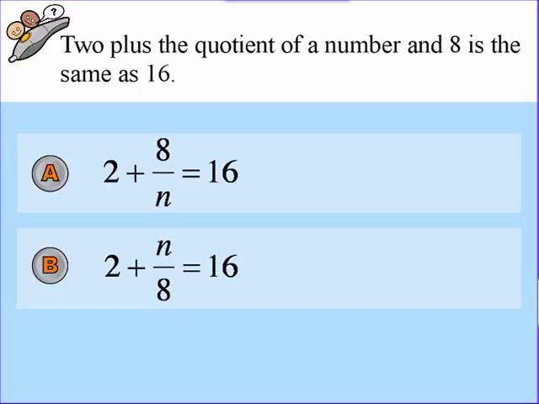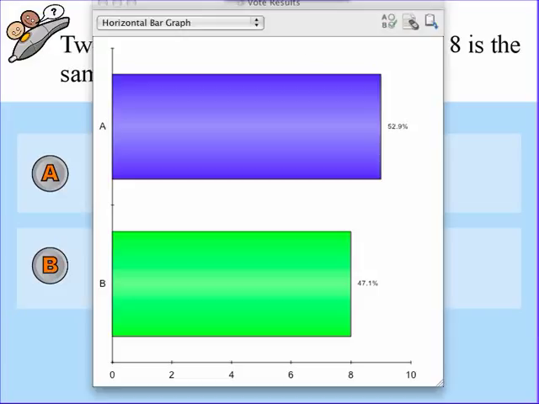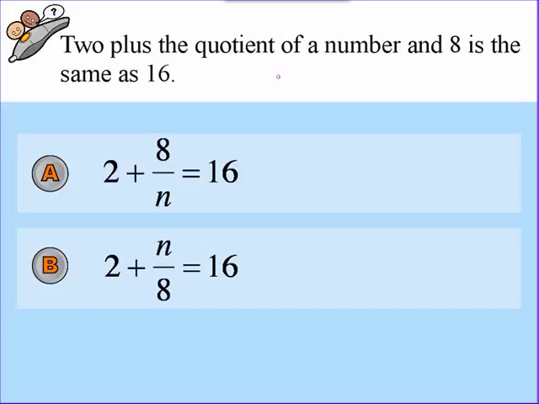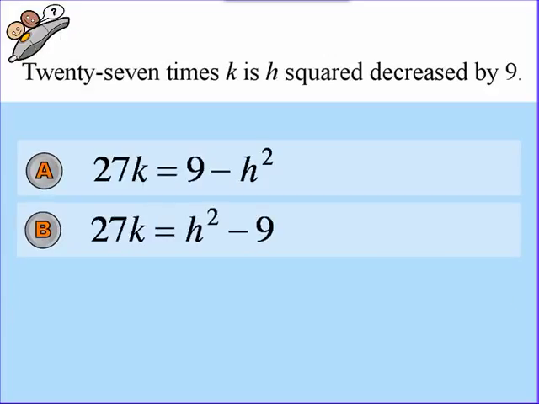Same numbers again, so let's look at this. The quotient of a number and 8 means that n is going to go on top. Whatever one is first listed is the number that goes on the top, the one that's second goes on the bottom.